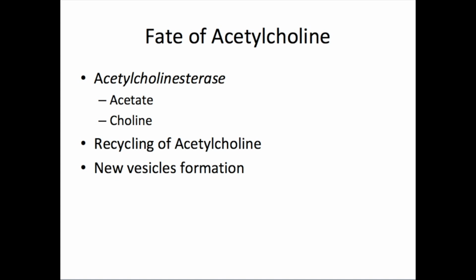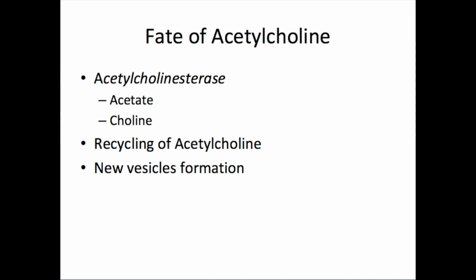Now, the next question is how new vesicles are formed. You see, within a few seconds after each action potential is over, coated pits appear in the terminal's nerve membrane caused by contractile proteins.